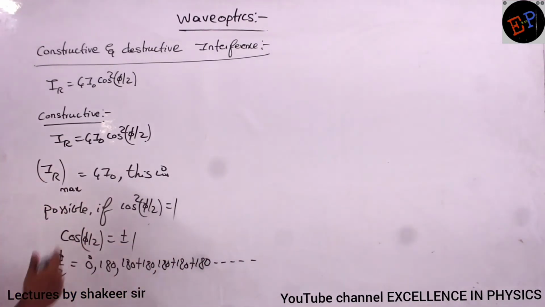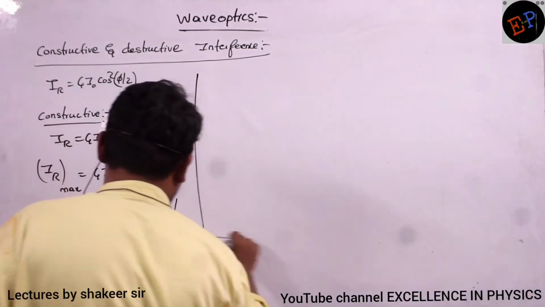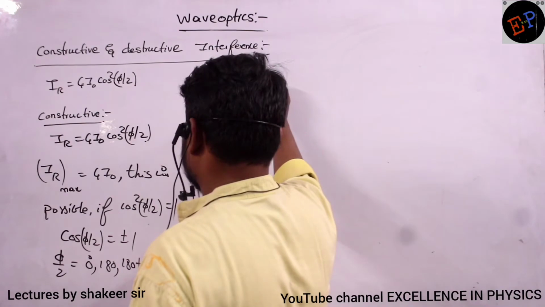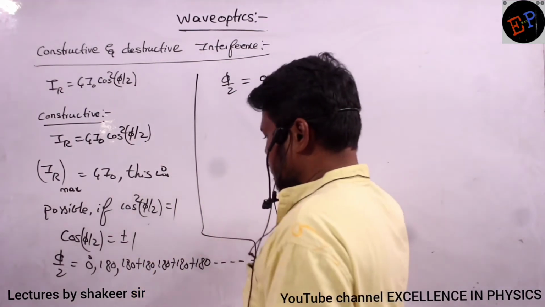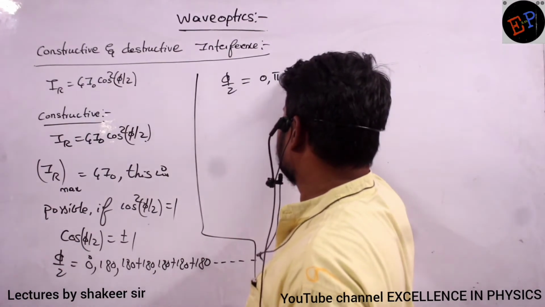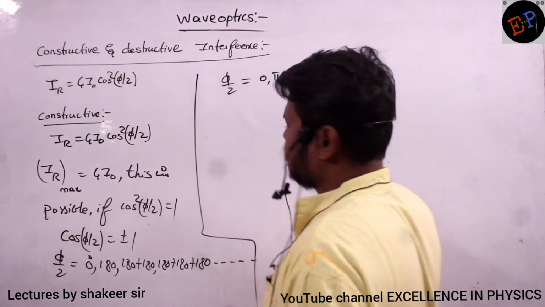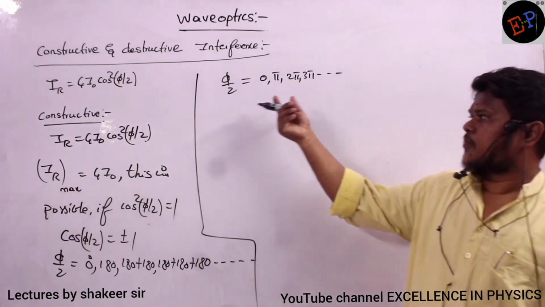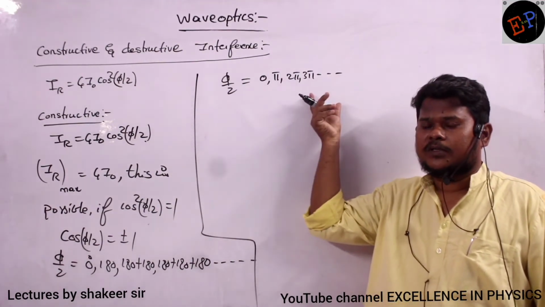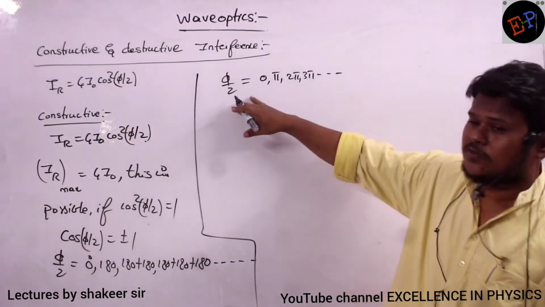So if I write in general terms, how can I write? Pi by 2 is equal to 0. 180 can be written as pi, then 2 pi, 3 pi, like this. This is not the phase difference, but only half of the phase difference.